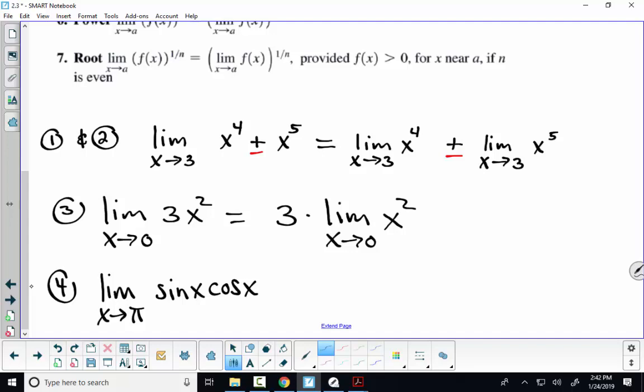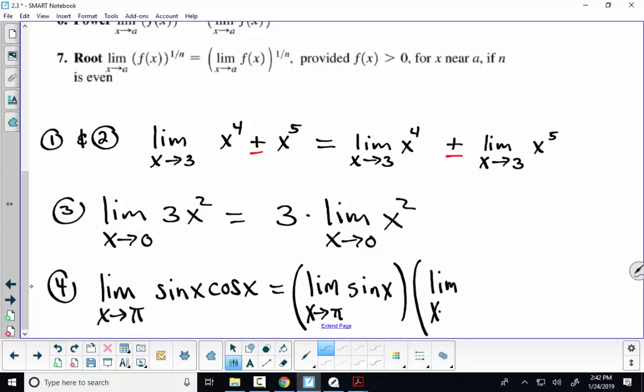Then I can look at the limit as x approaches pi of sine x times the limit as x approaches pi of cosine x.